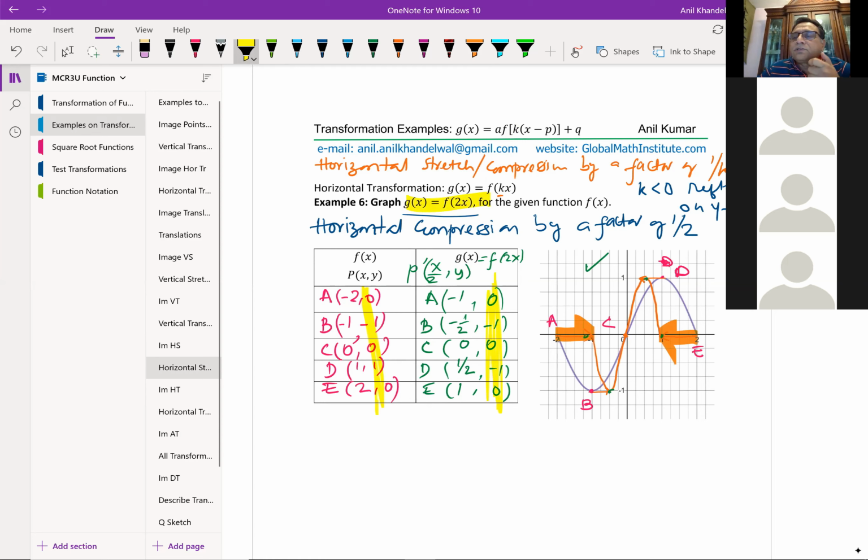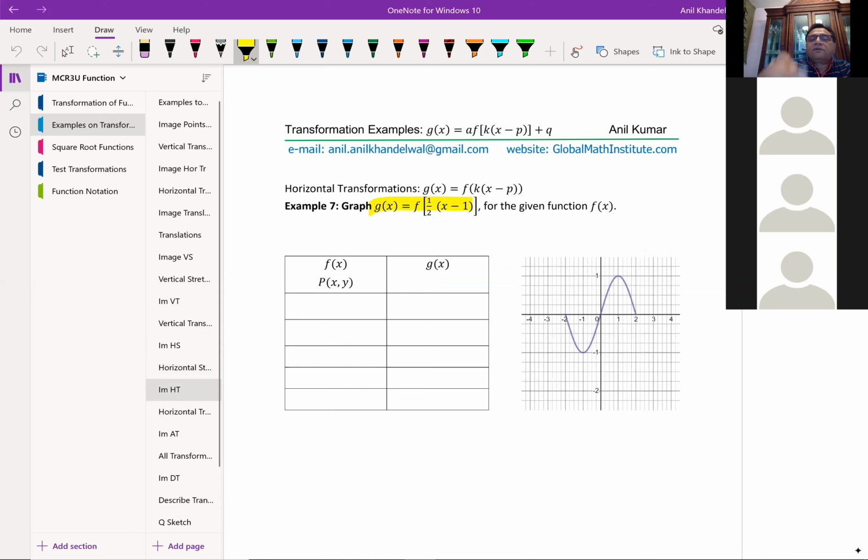Let's move on and take up the next part, which is kind of complicated. So we have a test type of a question. There are a lot of tricks involved in this. Two transformations are taking place, both horizontal. g of x is equal to f of half x minus 1. Now, Akshit, can you explain to me the transformation for this particular function? Yes, sir.